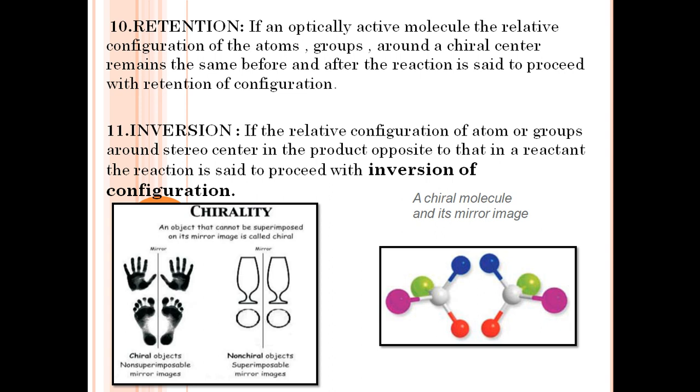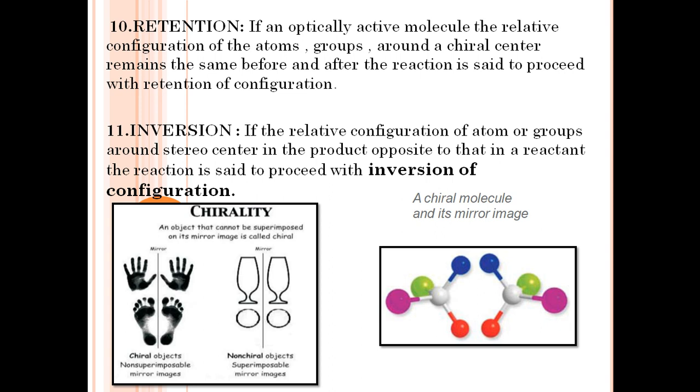Now, retention. If in an optically active molecule the relative configuration of atoms or groups around a chiral center remains the same before and after the reaction, it is said to proceed with retention of configuration. It means the position of atoms or groups around a chiral center will not change.